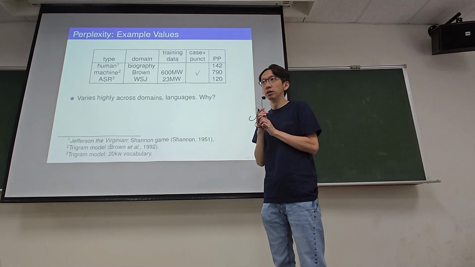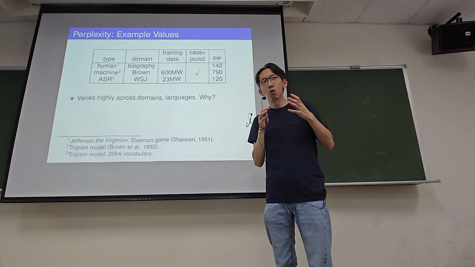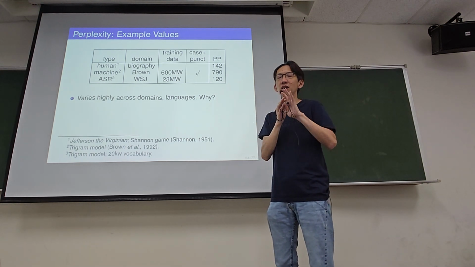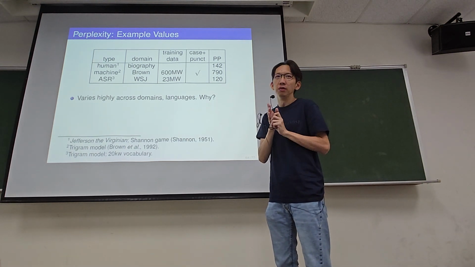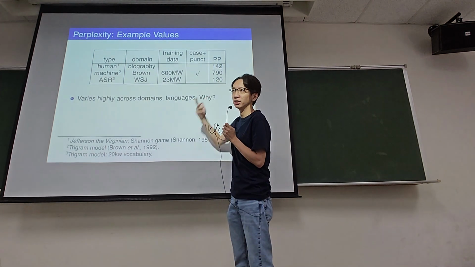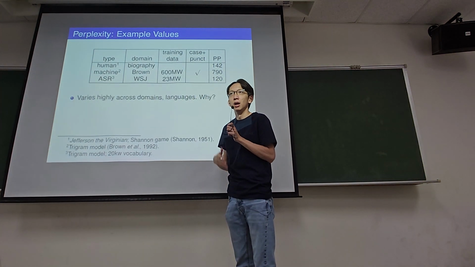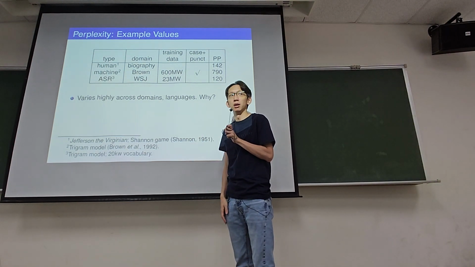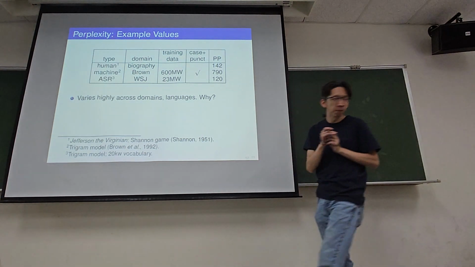Some data sets just have more ways the words are put together. If you're reporting news, the branching factor is not that much, only 120. So the perplexity measure also depends on the data sources.